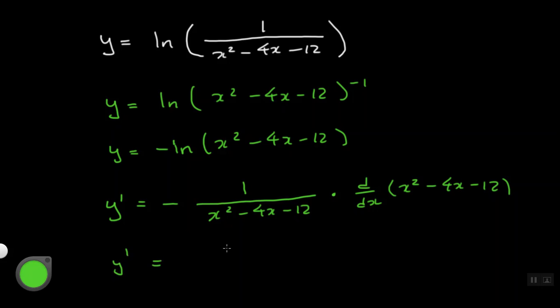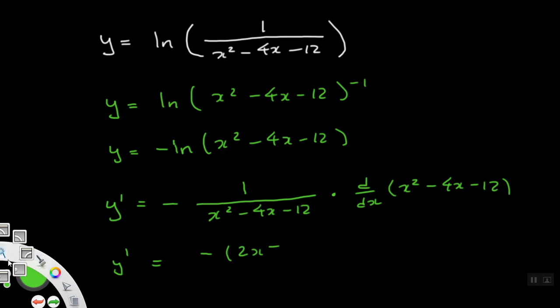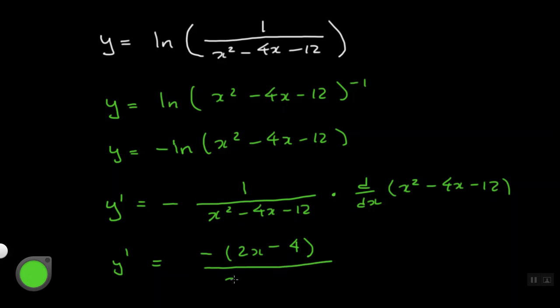We have that rogue negative on the top, and the derivative of the quadratic is going to be 2x minus 4. Don't forget the negative, and that's all over x squared minus 4x minus 12. Now we just have to multiply that negative through, and that's really a two-step question, which is a lot easier than the mess that we had above.